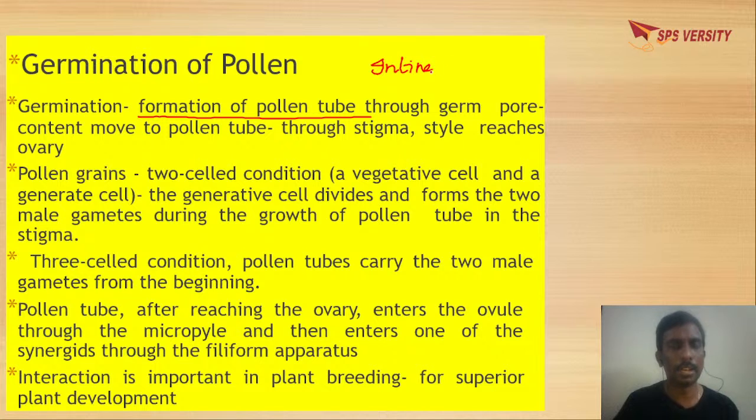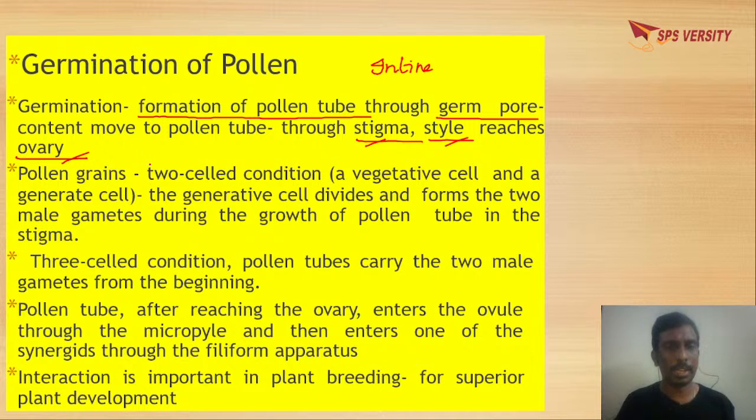This pollen tube will come out through the germ pore, move through the stigma and style, and reach the ovary. So the pollen grain will start its journey from the stigma, reach the style, and then the ovary.